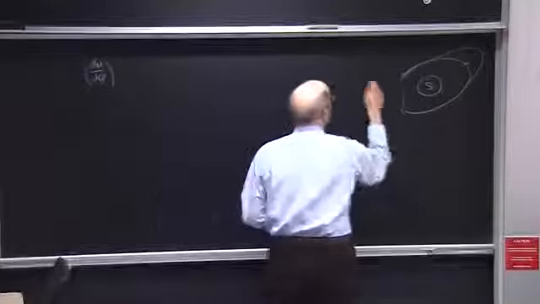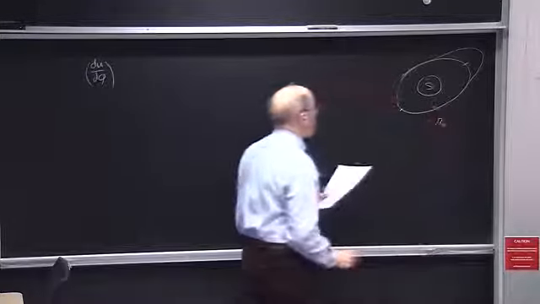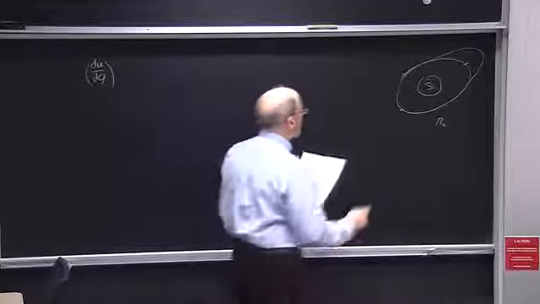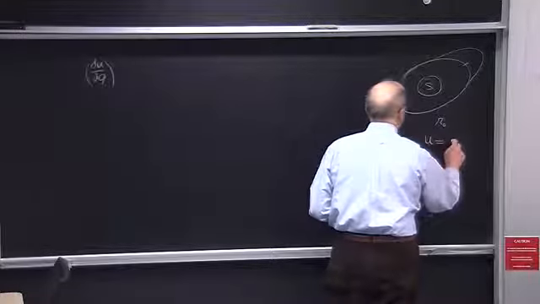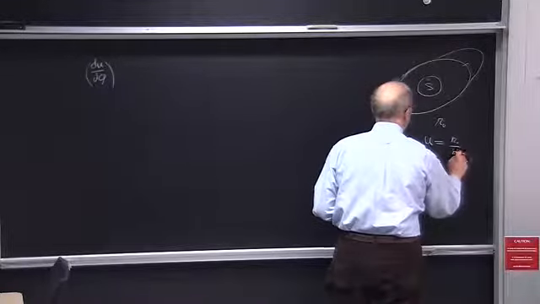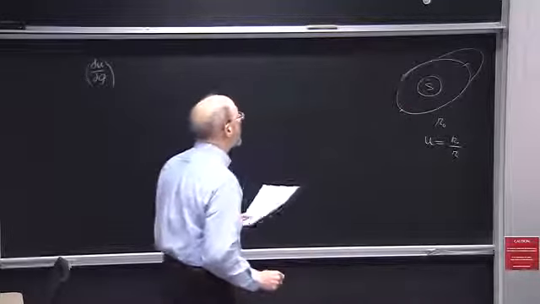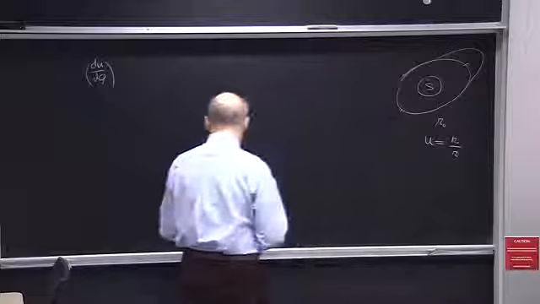So the setup here was that R0 was the Schwarzschild radius of the Sun, and we were using a dimensionless variable, u equals R0 over R, instead of the radius itself.